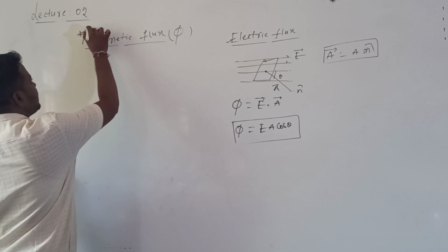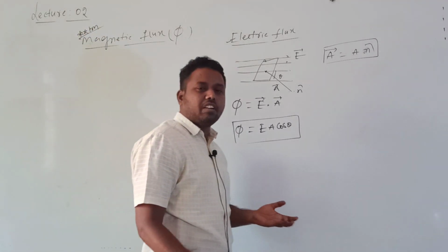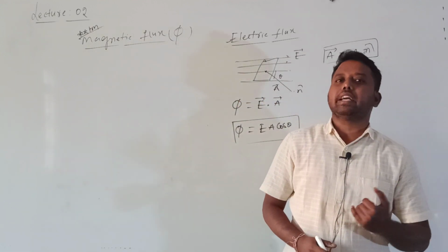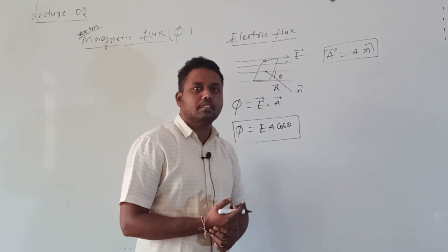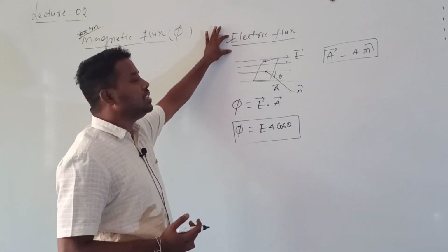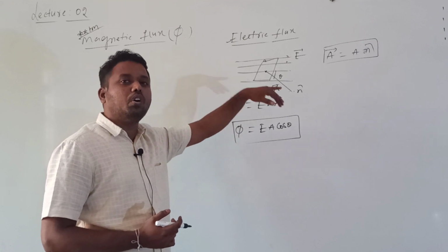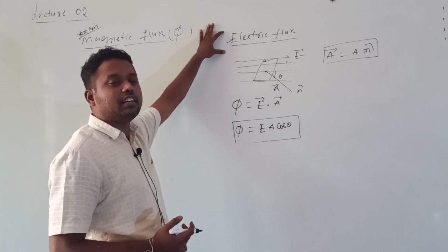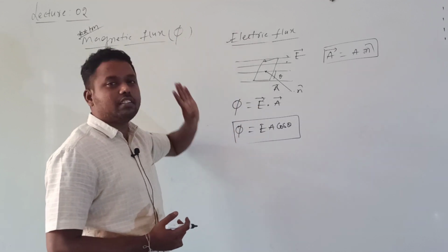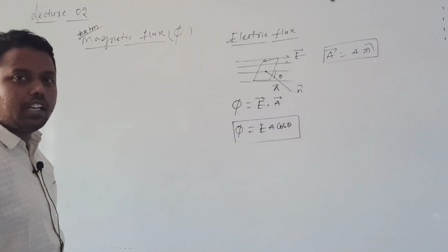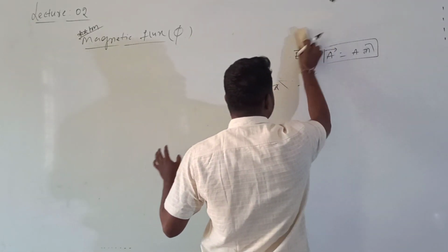We will get a question based on magnetic flux for 1 mark: what is magnetic flux, or write down the units of magnetic flux, or write down the dimensional formula for magnetic flux. And what is the sign convention for electric flux? The field lines which are outward, electric flux is taken as positive; which are inward, electric flux is taken as negative.